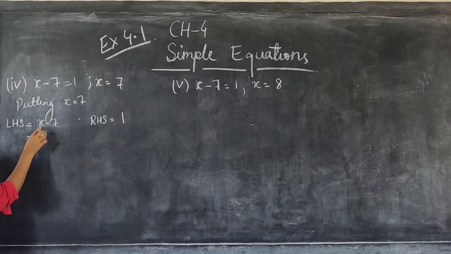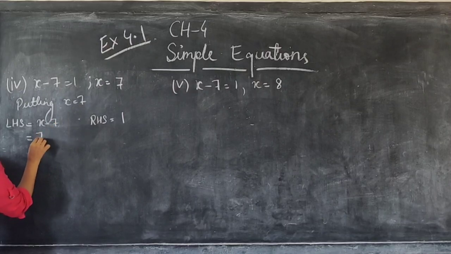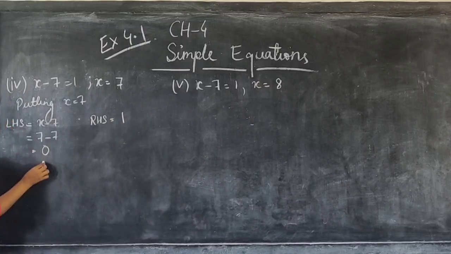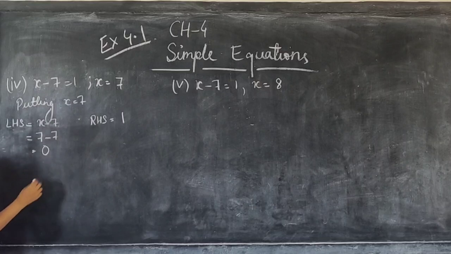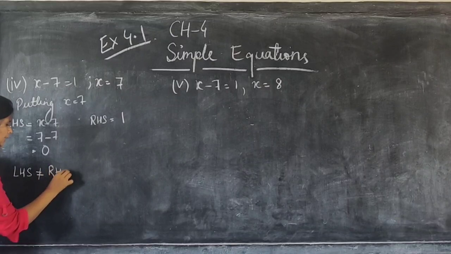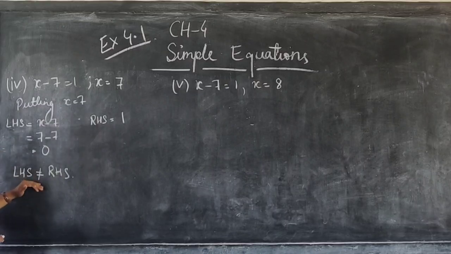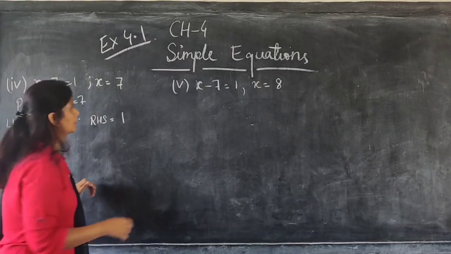So now put the value of x. X is 7. So 7 minus 7. 7 minus 7 is 0 and your right hand side is 1. So left hand side is 0, right hand side is 1. So left hand side is not equal to right hand side. Okay? So in the column you will write no, this does not satisfy.